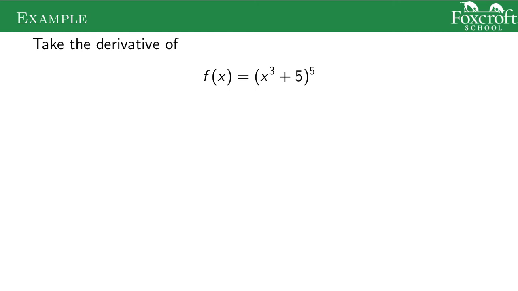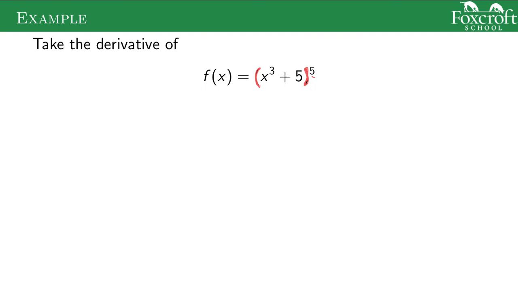Here's one example. We have x cubed plus 5, to the 5th. We have this big parentheses here, and that's one clue that you're going to be doing the chain rule. You could multiply all this out, but doing a 5th power of a polynomial is really tedious and a lot of extra work.